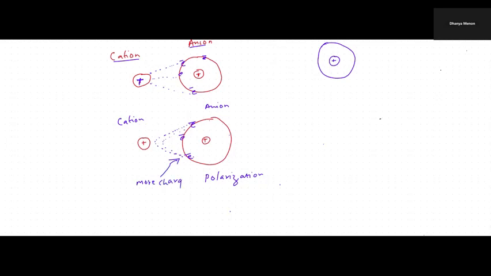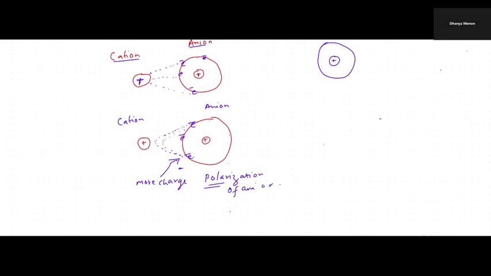Here there is more negative charge, so as if a pole is being formed for the anion. Here there's a negative pole, and here there is less negative charge. So there is a distortion or deformation of the anion going on, and this is called polarization of the anion.